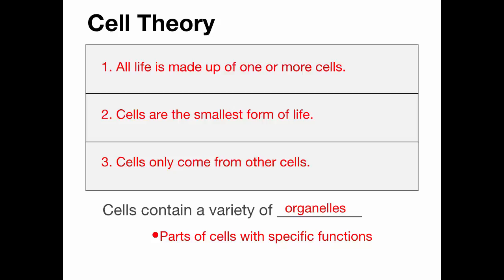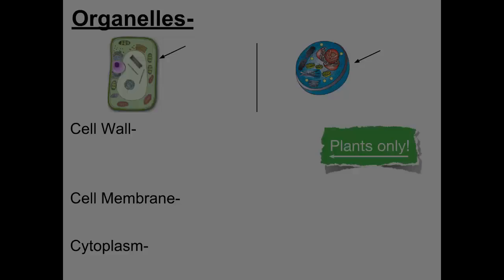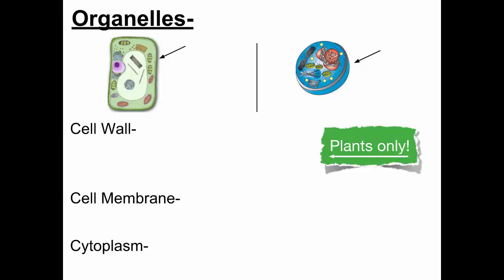We're going to be learning about what those parts are, what they look like, what they do, and that's how we're going to spend most of this unit, studying those organelles. So again, it's a part within a cell with a special job.